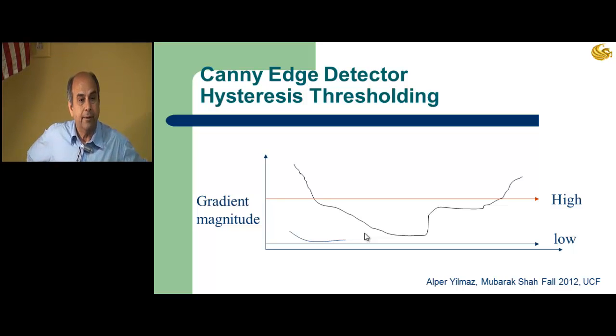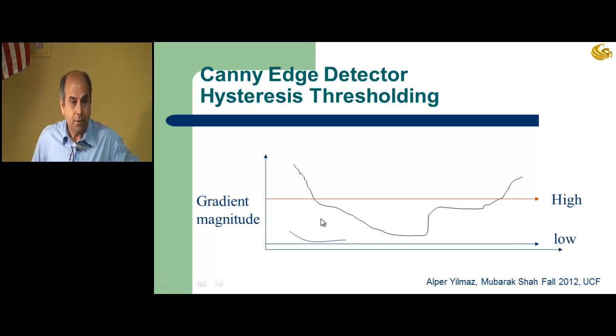What happens if we have an edge and the edge has some lost pixels? If you have an edge that is disconnected, then you will have a problem. Suppose this piece was like this, up to here, and there was a gap here, and then it was here, and a gap here. Then you won't be able to select that, because this is not connected at all to this one because there's a gap here.